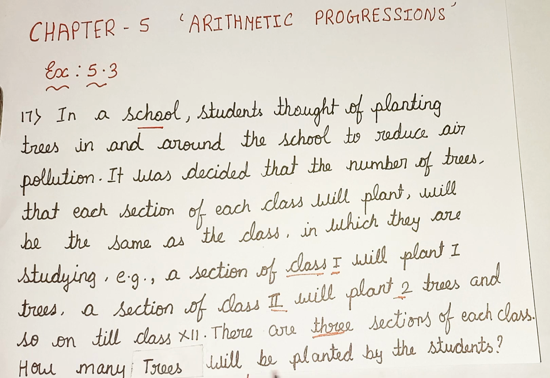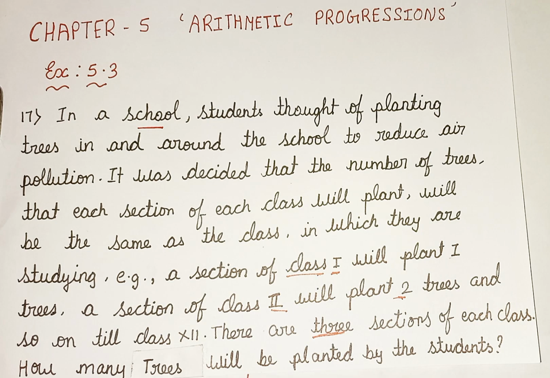So how many trees will be planted by the students from class 1 to class 12? Why? Because there are various sections, right? So it is really easy to understand, okay?